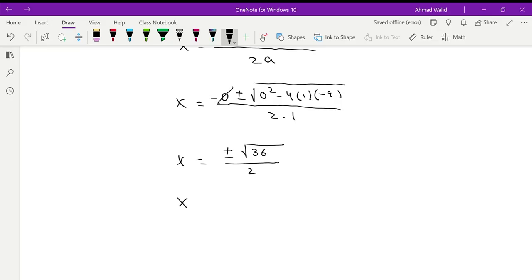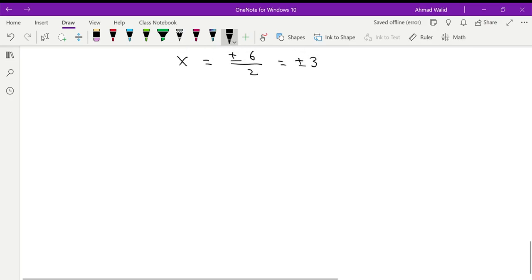It means x equals plus minus 6 over 2, which gives you plus minus 3, two answers for the given equation. Correct? We call this method solving a quadratic equation using the quadratic formula.